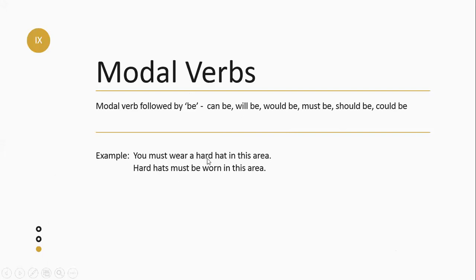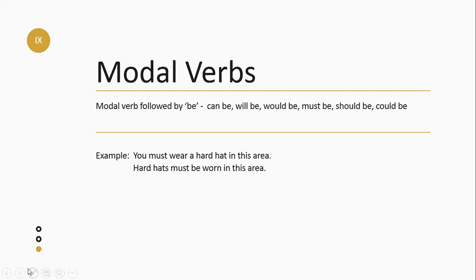You must wear a hard hat in this area. Yes. So hard hat is the object, so we take it to the front, hard hats. We have a modal verb which is must. When it is changed, it becomes, hard hats must be worn in this area, right? So I'll be showing you some examples. For the time being, let's look at this example here.